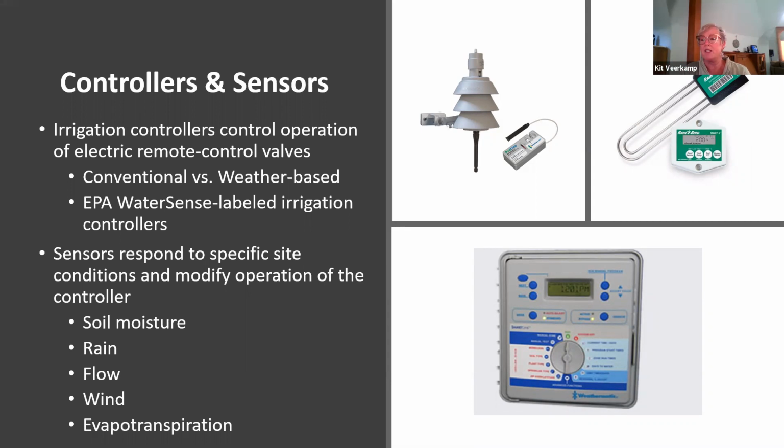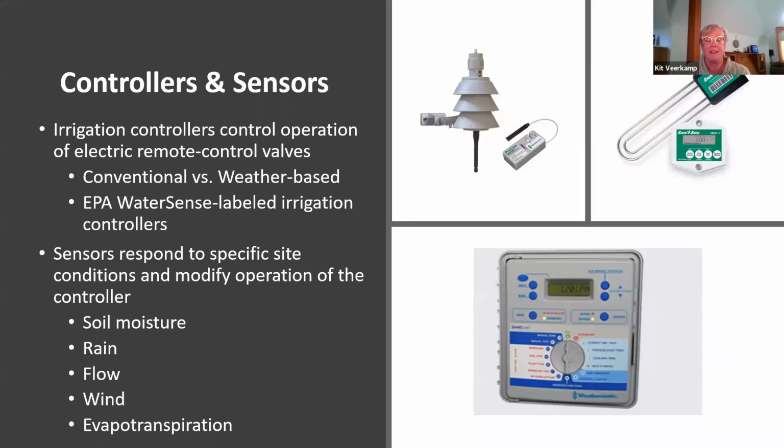There are moisture sensors as well that can go in the ground and speak back to your controller, so that if things are wetter than they should be, it tells it not to come on. If it's been really hot and needs more water, it'll tell it to come on. So there are sensors for soil moisture.